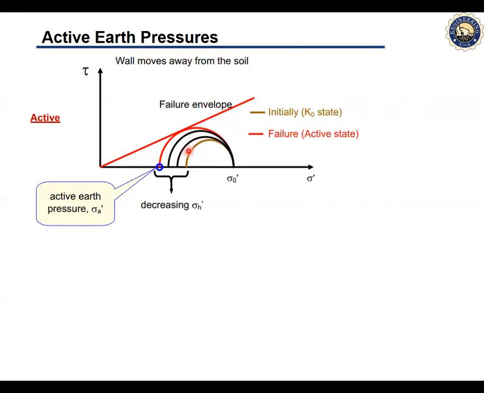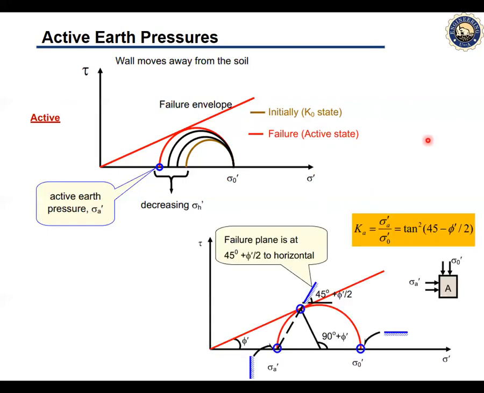Thereby, the circle is going to go like this, and at a certain stage, it will reach failure. That is when we attain the active earth pressure, sigma A prime. Hence, for this particular failure envelope, if you want to visualize the failure plane angle, this angle is 45 degrees plus phi prime over 2.